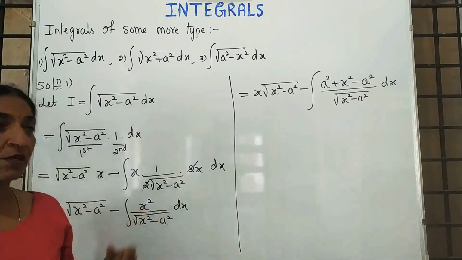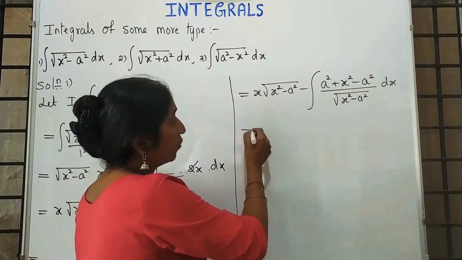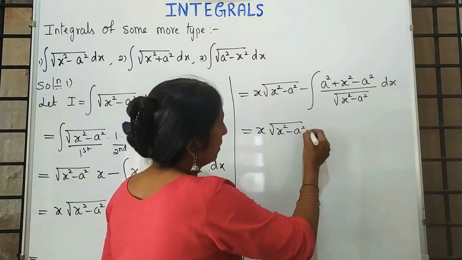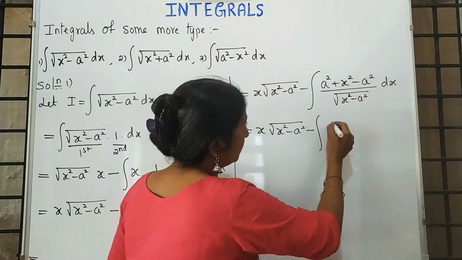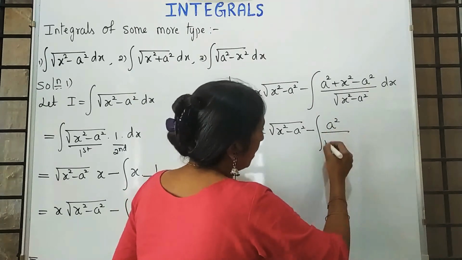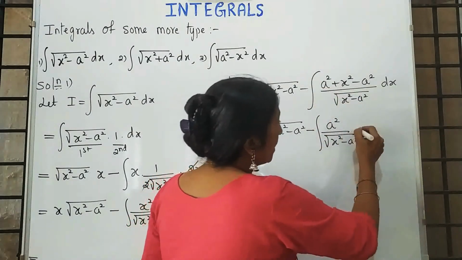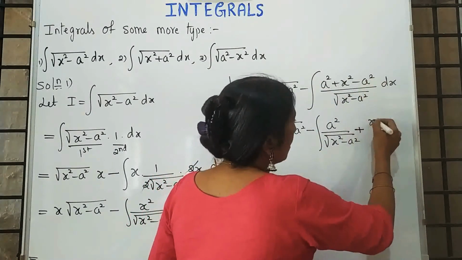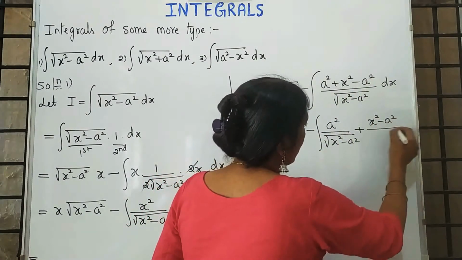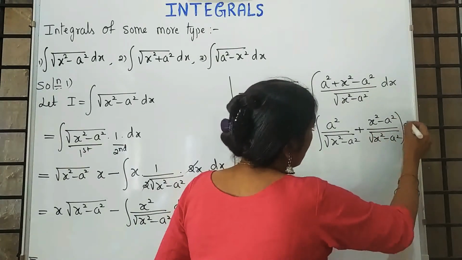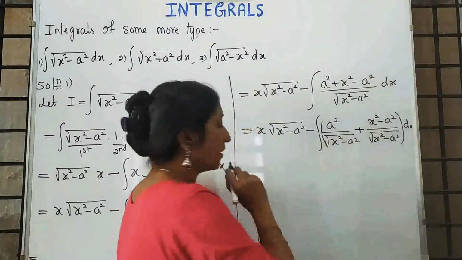So now I am making the grouping of that: x into root of x square minus a square, integration sign, a square upon root of x square minus a square plus x square minus a square upon root of x square minus a square, taking the denominator separately.